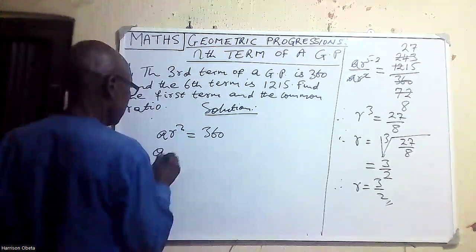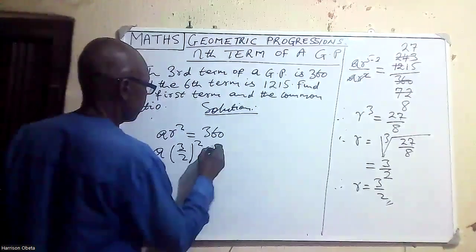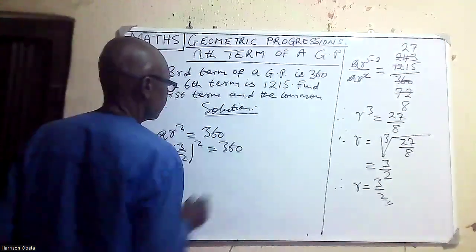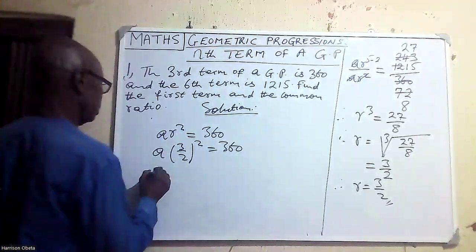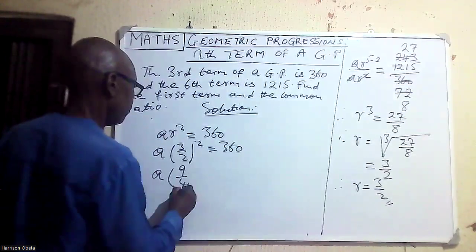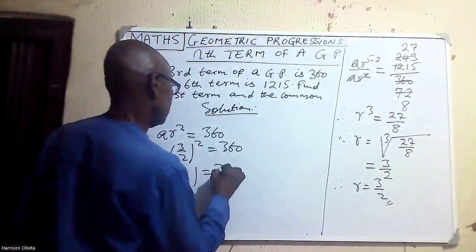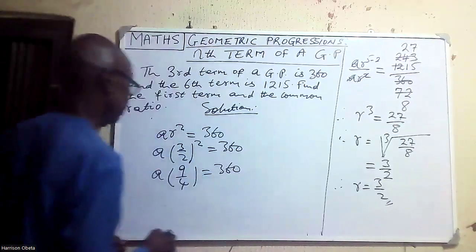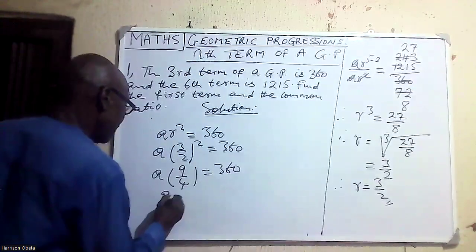And that means a times 3 over 2 squared is equal to 360. If you open the brackets, that will give us a times 9 over 4 is equal to 360.